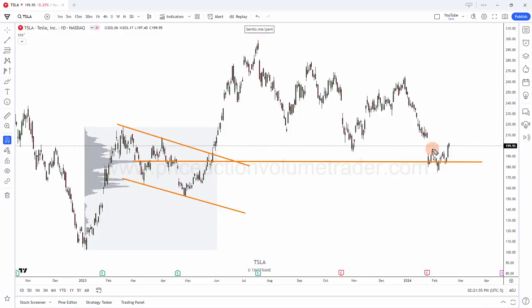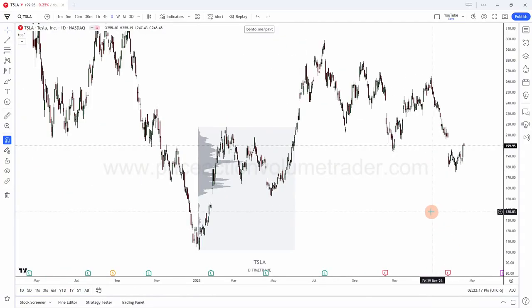Then you can see that now we have come up, down. It actually gapped down here and right into this point of control. Points of control are just a way to see areas where we have the most trades, and so those tend to act as magnets for price.